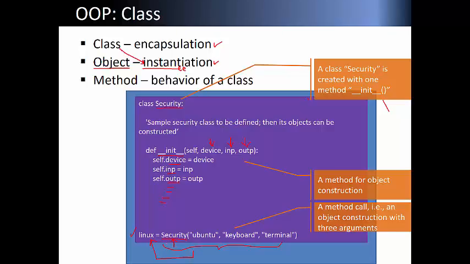Not only that, we need to have some behaviors of class. There's no behaviors here. Behaviors means some action, right? Somebody said, oh, Vishnu's behavior is so nice. Then what does that mean?